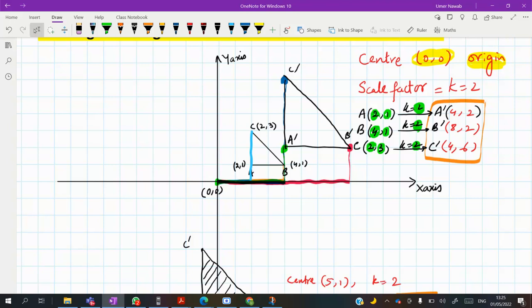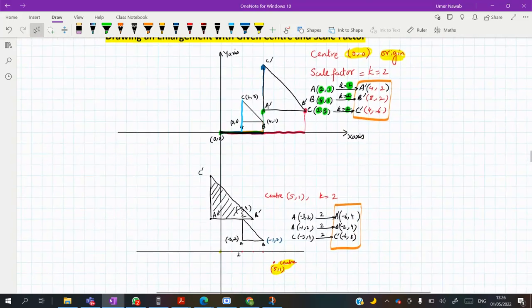Once you write it, you just need to multiply the scale factor with the coordinates according to the center. So you will get a new set of points, then you need to plot the new set of points on the grid, and then you join them together. Guys, that new shape will be the enlarged shape, and it is pretty much easier for the students to draw it in the exam.